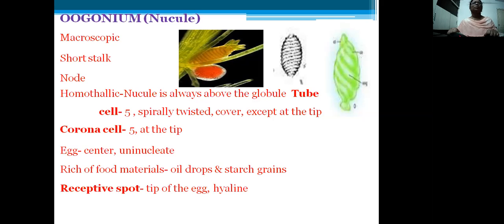The middle cell develops into tubular cells. The upper, topmost cell forms the oogonial cell. These tube cells divide and form five cells, which are spirally twisted around this oogonium. They end in coronary cells.